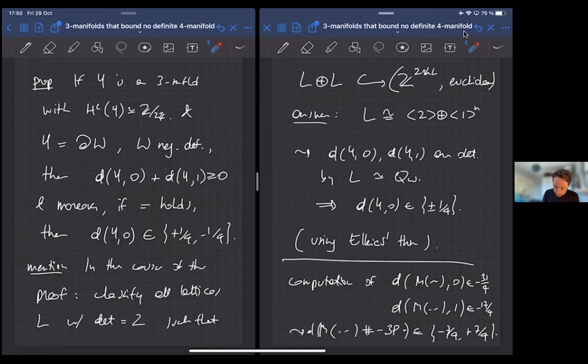And so the work that we put in was actually to go and hunt for a 3-manifold that gave us the right correction terms. So we had to compute a lot of examples and hope to get something out of it. So luckily this turned out to be possible.